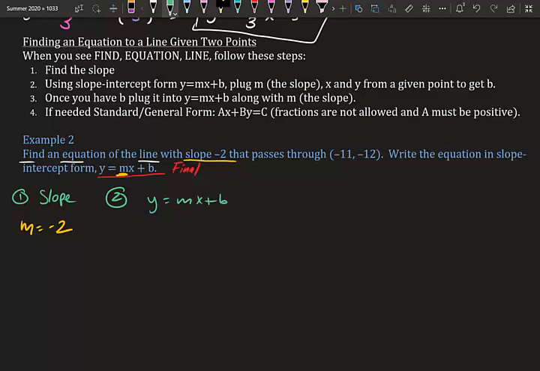But what we're going to do is plug in m and a point. So the point they gave us was (-11, 12). So that's x, that's y. So let's plug it in.